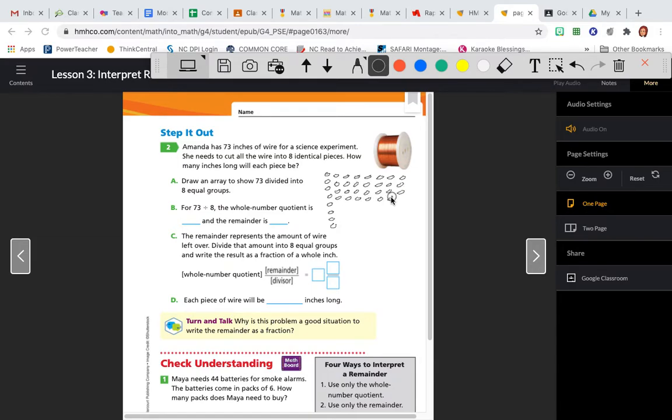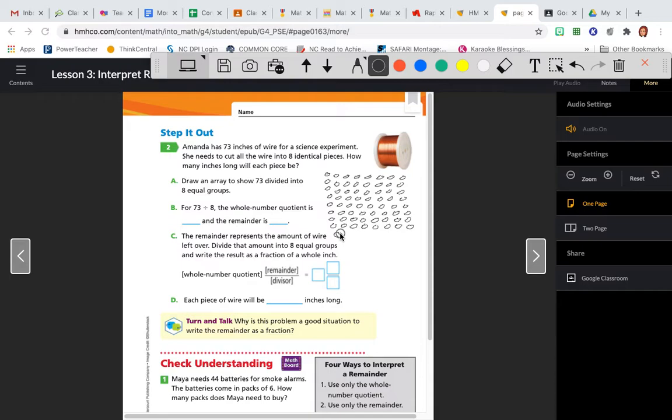I'm going to make this a real quick picture, but you get the idea. We've done arrays several times before, so you kind of get the idea of making these equal groups using the arrays. And I'm going to have 1 left over.